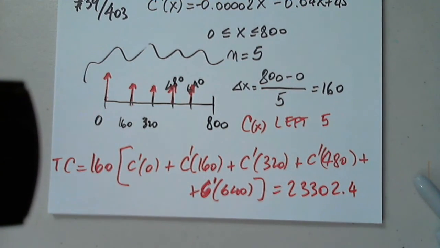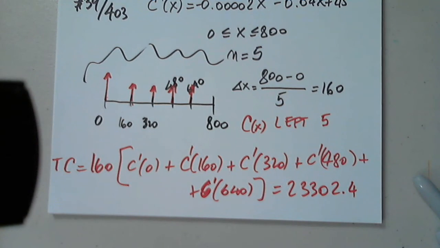You don't have to. By having the function in here, all you need to do is go in and plug in 0, plug in 160, plug in 320, 480, 640. I don't like to do this because it gives error. Let me check my function. For some reason, I'm getting a different answer.